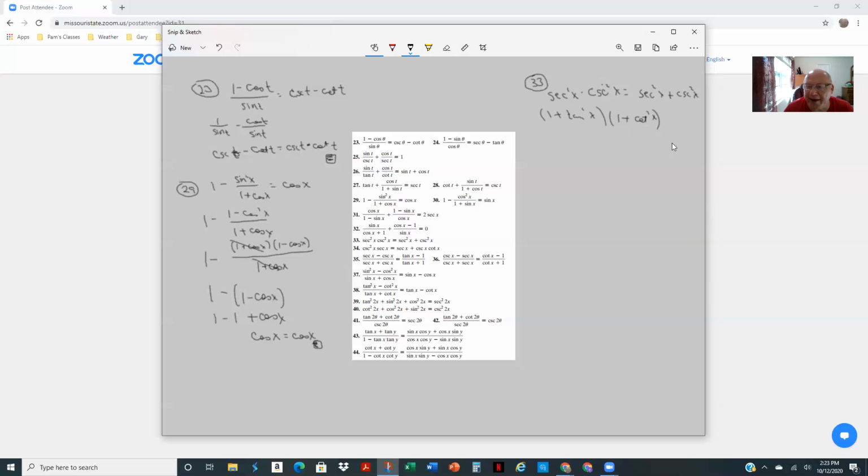Now you FOIL that out. 1 times 1 is 1. 1 times cotangent squared is cotangent squared of x. Then tangent squared times 1 is tangent squared of x. And then tangent squared times cotangent squared, just multiply those together, plus tangent squared of x times the cotangent squared of x.